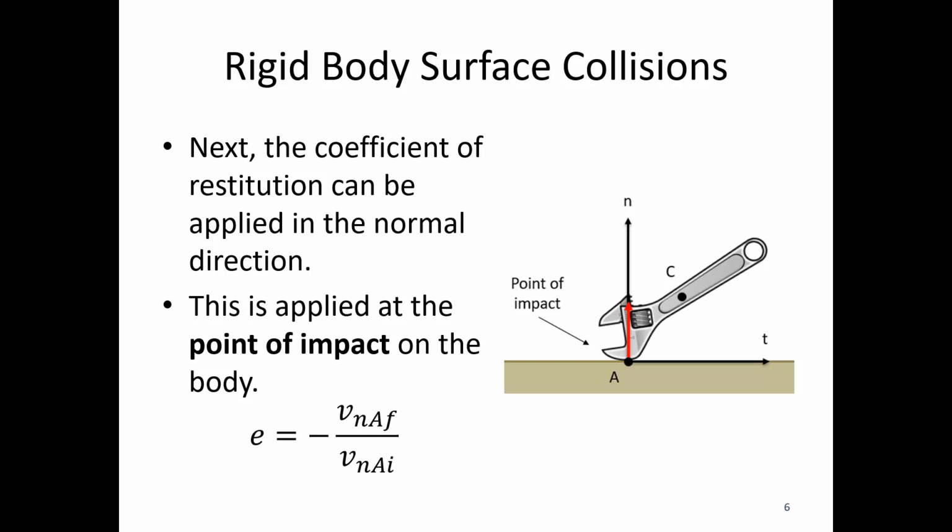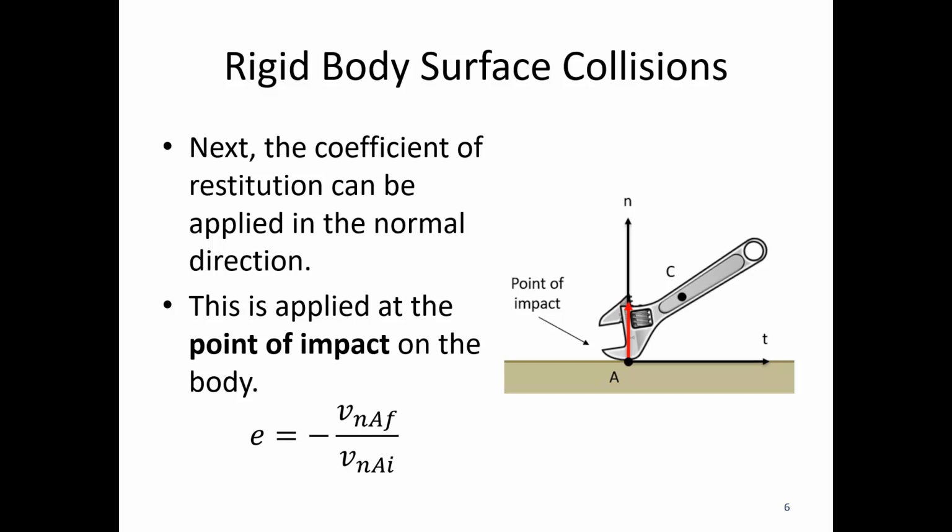We've got a negative in there because it's always going to change directions. If it goes in and bounces off the surface, it's going to have the opposite direction after the impact. The higher the coefficient of restitution is, the more bounce we have. An elastic collision is a perfect collision, and our coefficient of restitution will be 1. Any semi-elastic collision, which is most real collisions, is going to have a coefficient of restitution between 0 and 1.